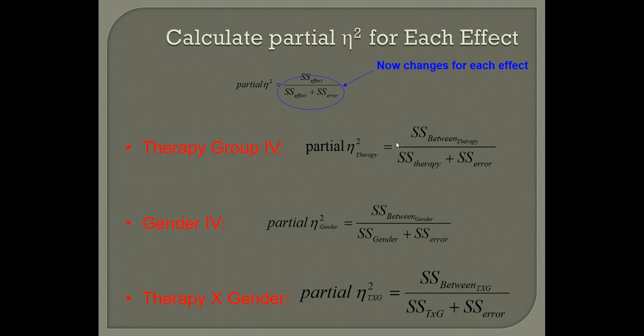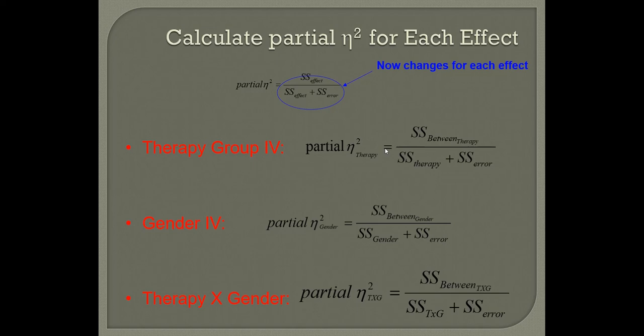So you can see the denominator in partial eta squared is not total, it's just that particular type of sum of squares and the sum of squares error, and it does not include the other main effects or interactions. So this is the one that is reported by SPSS.